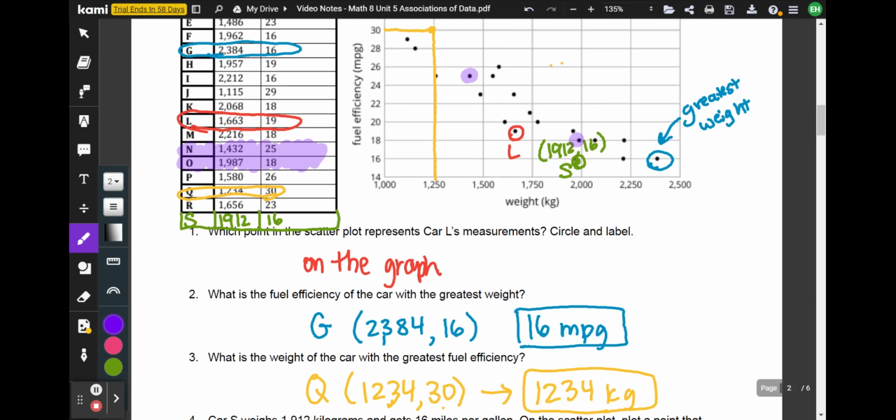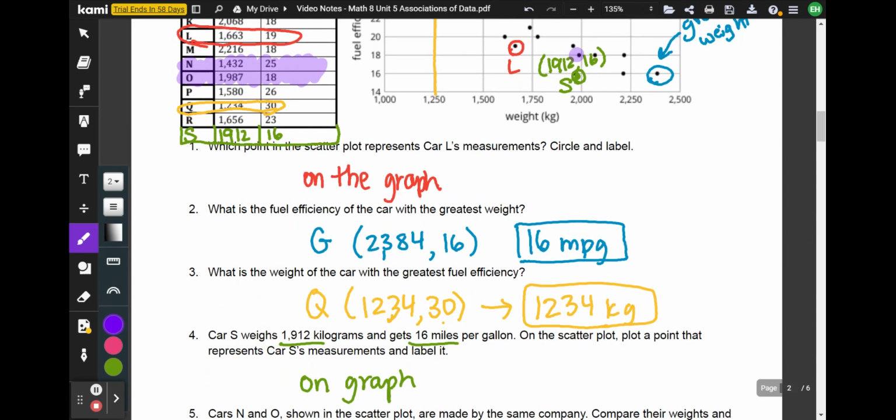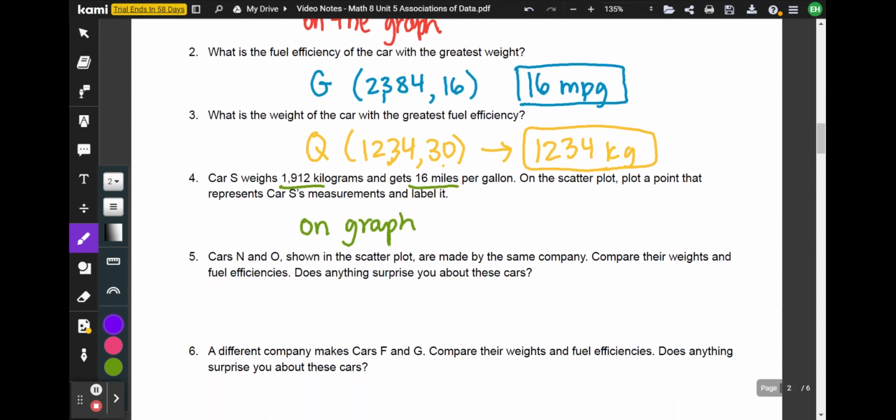Well, they follow the pattern. The lighter the car, the more fuel efficient. So for me, nothing surprises me, because the lighter car has better gas mileage.